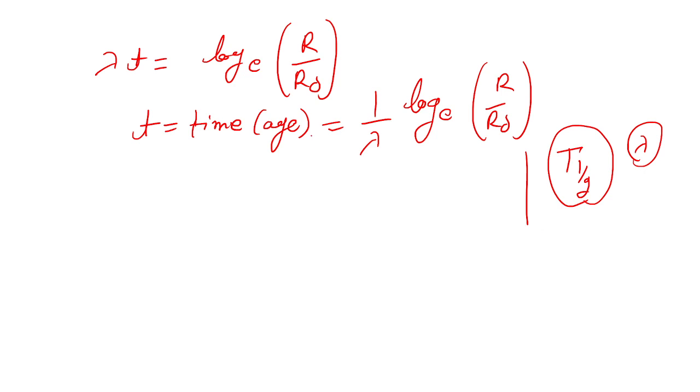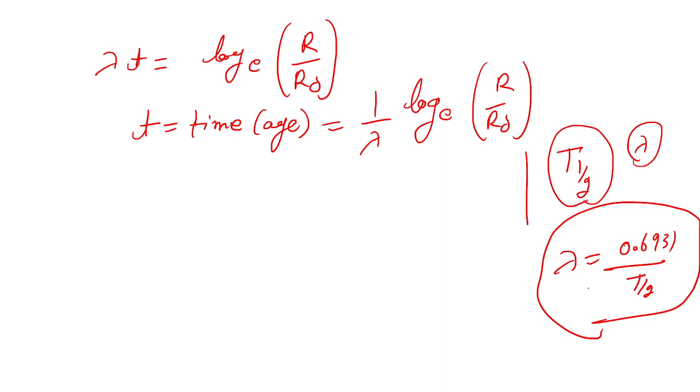This is the law: lambda will be 0.6931 over T1 over 2. So this is the relation between the decay constant and half-life of that material. By putting the decay constant value here, we can easily identify this.